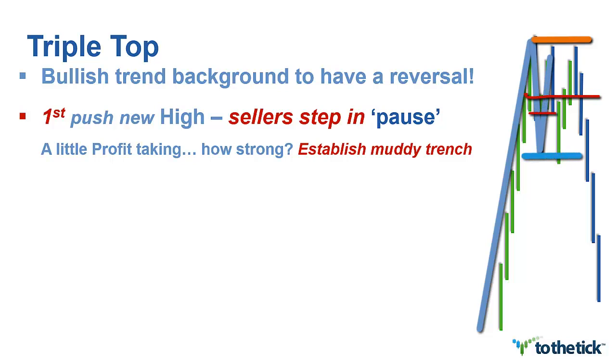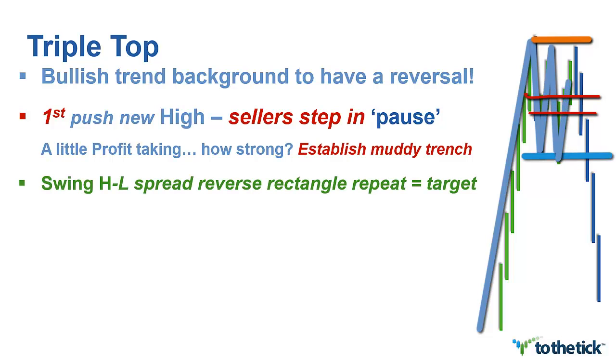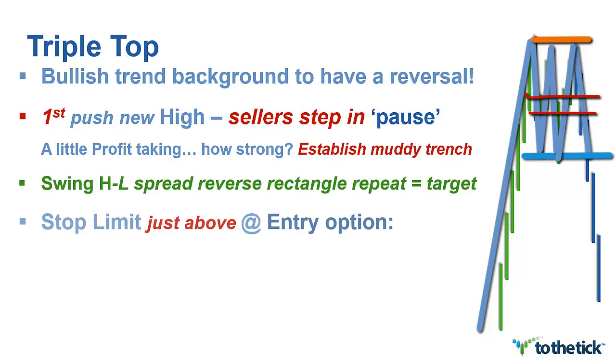You don't know if they're done yet, but to get the profit taking, how strong is it? Establish that muddy trench. Establish your outline for your rectangle. That swing high and low spread, you're looking for that establishment, and that is your target moving forward. Your stop limits will be just above, and now we're going to talk about those entries.